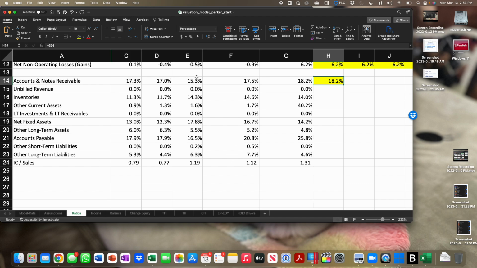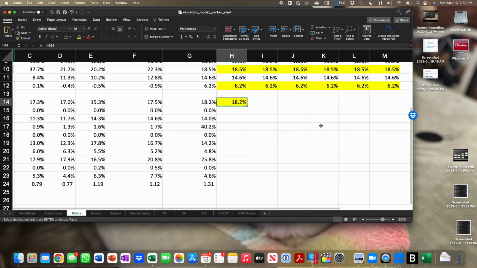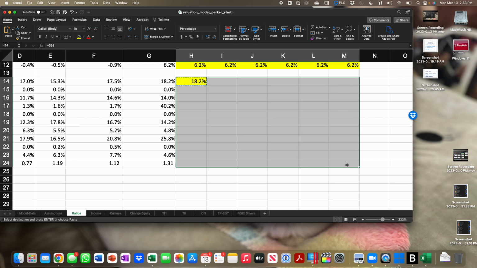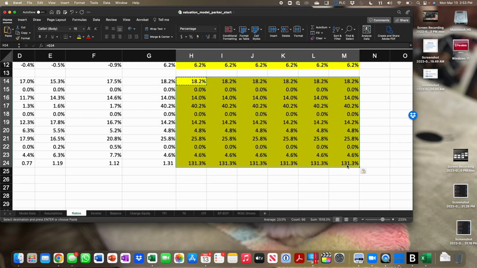Then I'm going to take cell H14, copy it, select from H14 down to M23, and paste. So that just takes the equals previous year and repeats that throughout that whole range. Whatever the last year was, it just repeats.